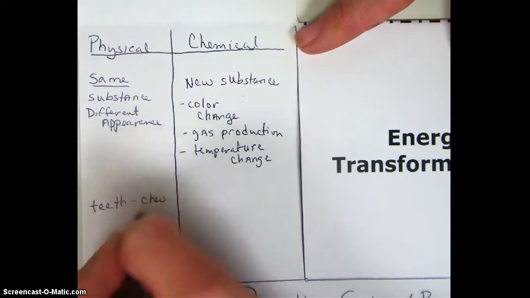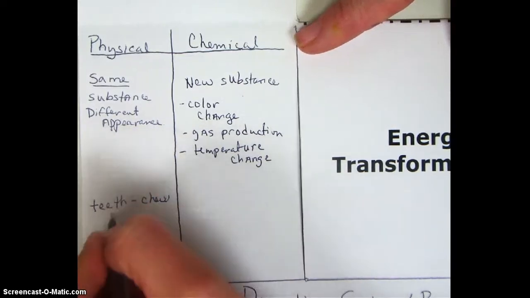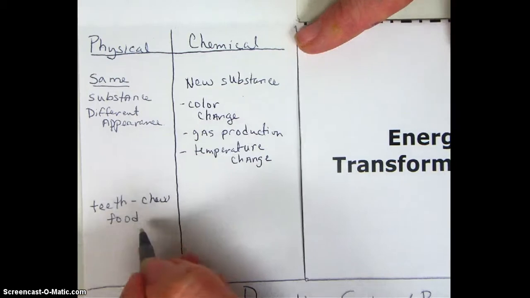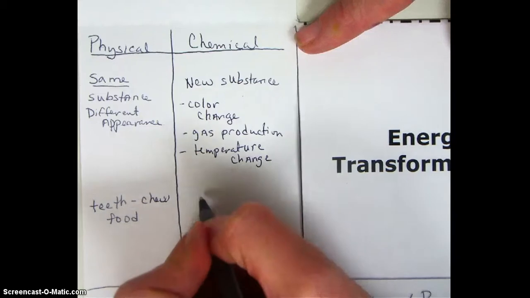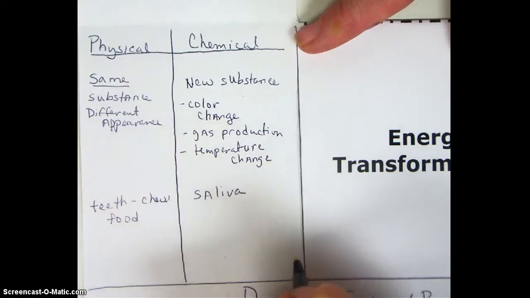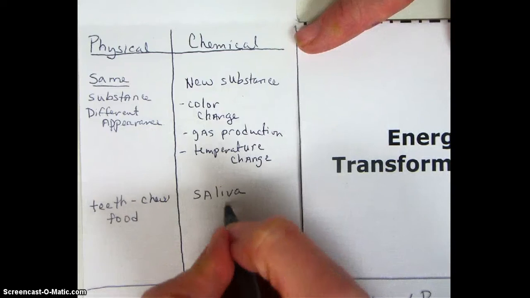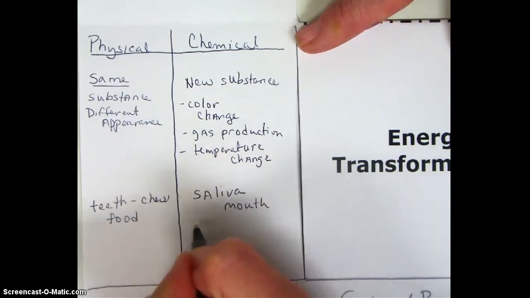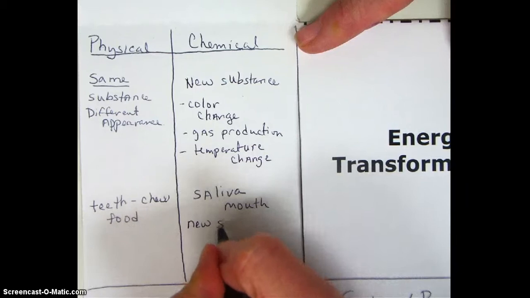As an example, in digestion, your teeth chew your food. That is physical. Your food has been ripped into smaller pieces, but it's still food. But your saliva in your mouth makes a new substance.